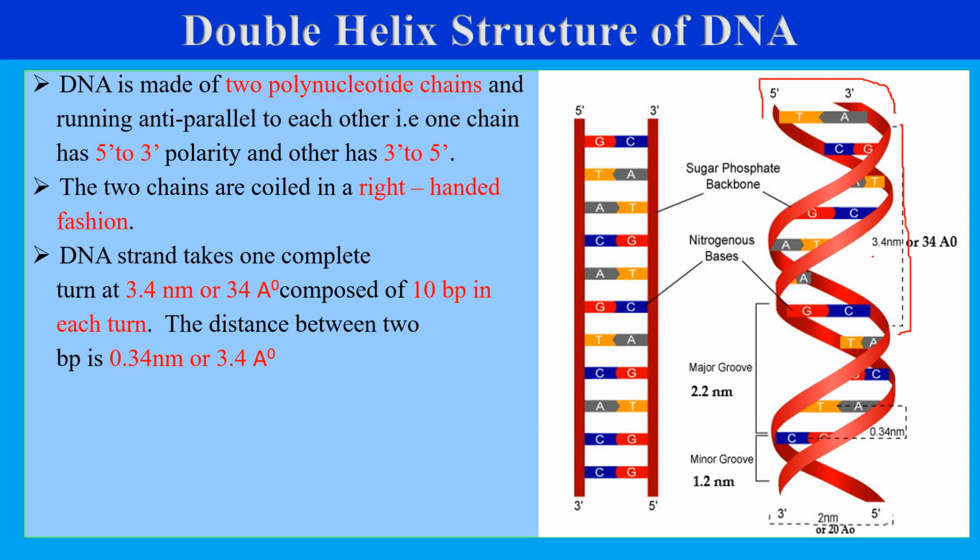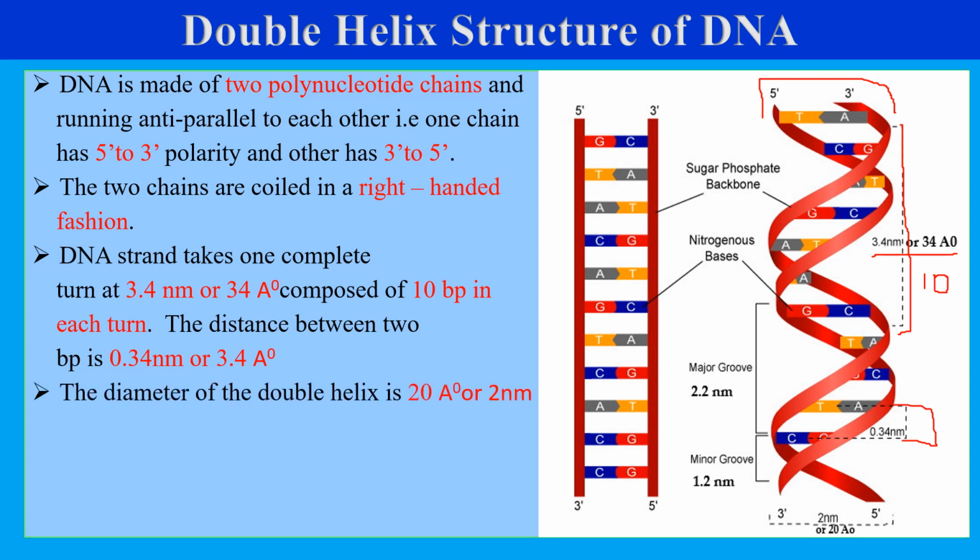Here we have to divide the distance by the number of nitrogen bases. 3.4 nanometer or 34 angstrom divided by 10 gives 0.34 nanometer or 3.4 angstrom. Hence, the distance between two nitrogen bases is 0.34 nanometer or 3.4 angstrom.